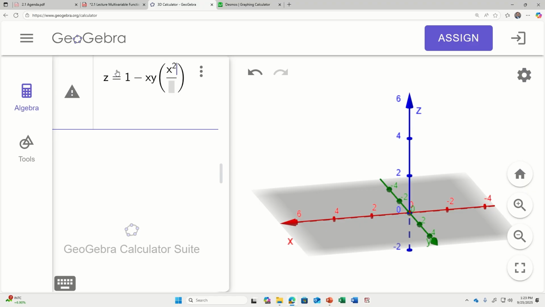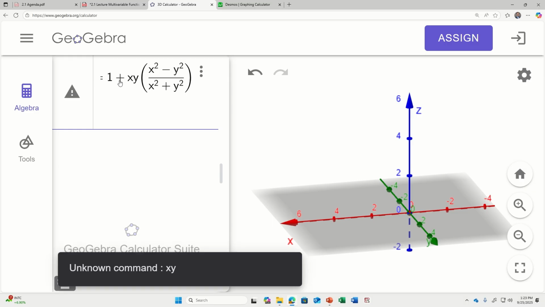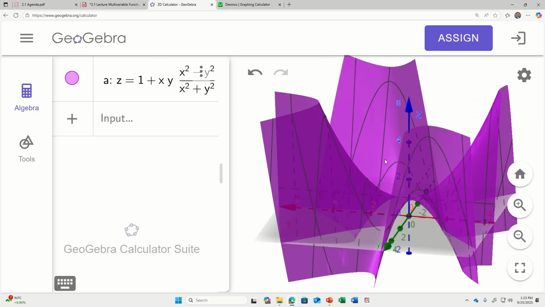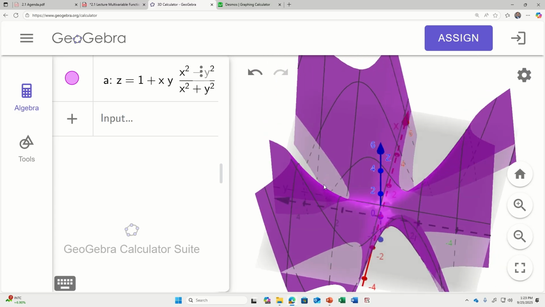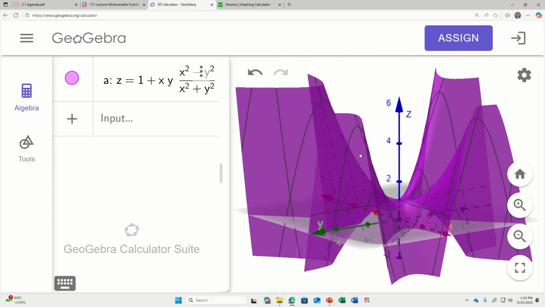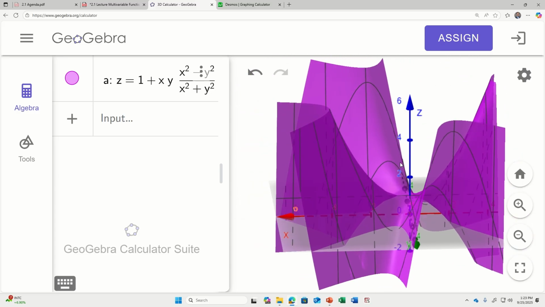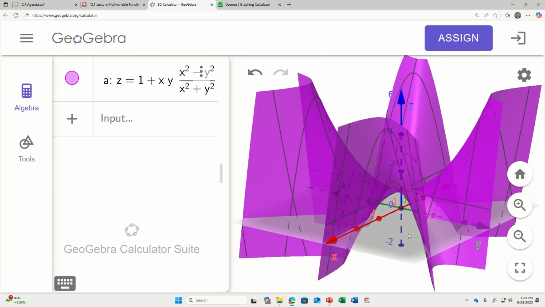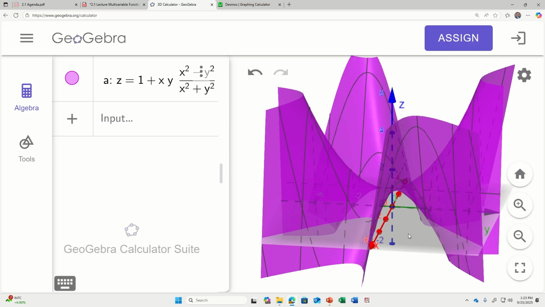Plus xy. Oh, it was plus xy? Yeah. Thank you. Okay. So that's what my function looks like. Nice purple surface. Very pretty. And you can tell no matter what direction I choose, the limit as you approach the origin there is 1.